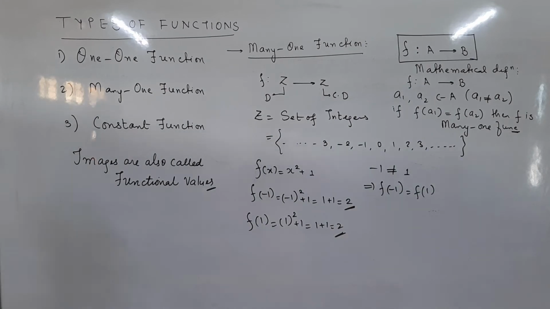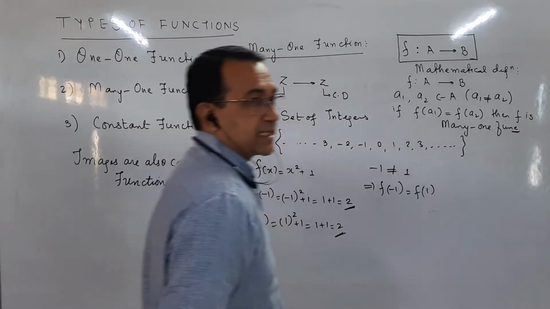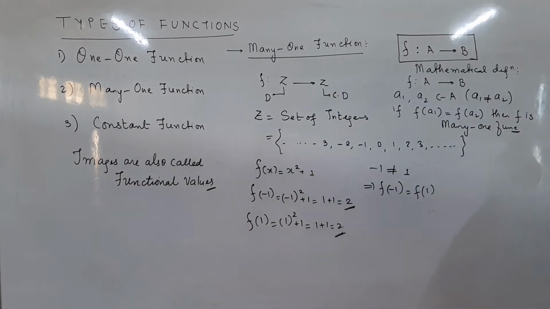This we have to, students, perfectly understand. So the textbook definition goes like this. Suppose f is a function defined from A to B, and for any two different elements of domain A, their images or function values are same, then, students, such a function is called many-one function.